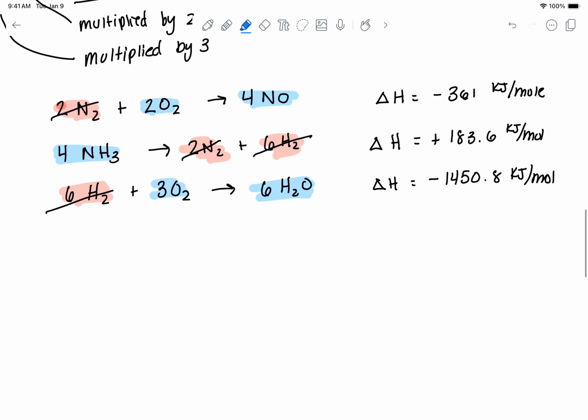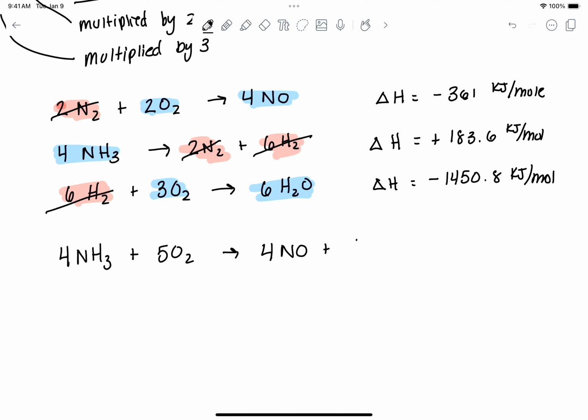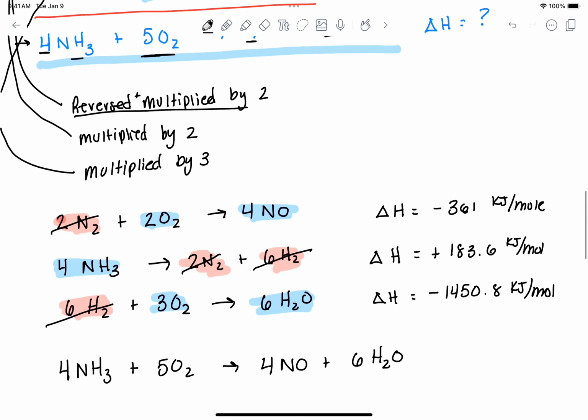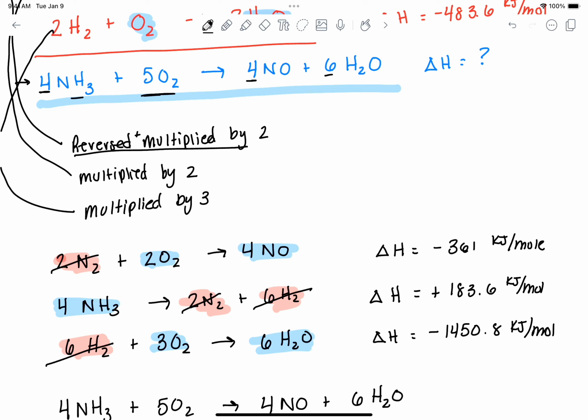Okay, and those are on the correct sides of every equation, giving us 4NH3 plus 5O2 going to 4NO plus 6H2O. Okay, and that's exactly what we had up here in blue.